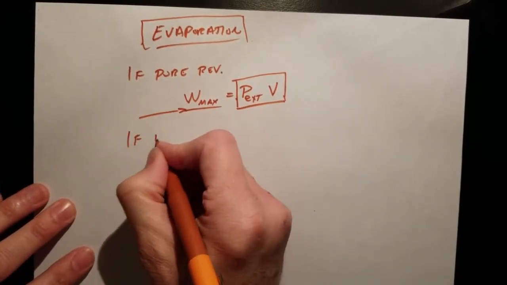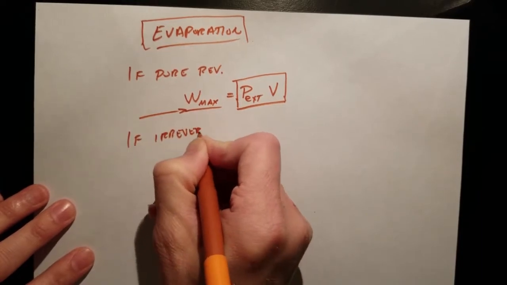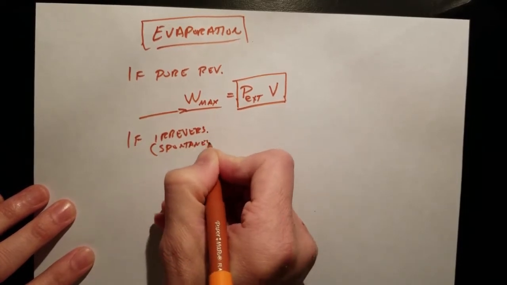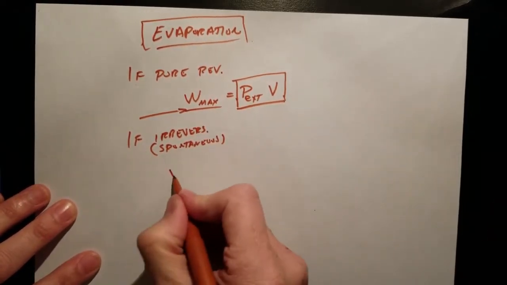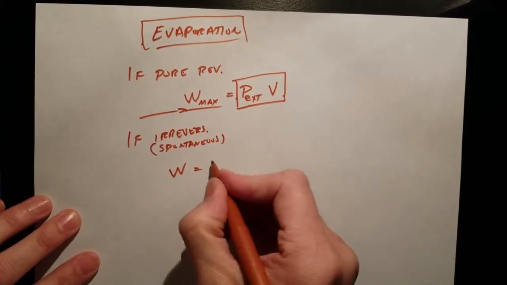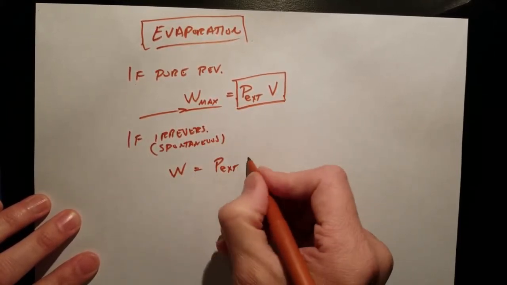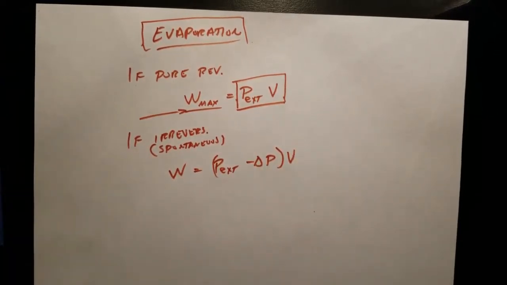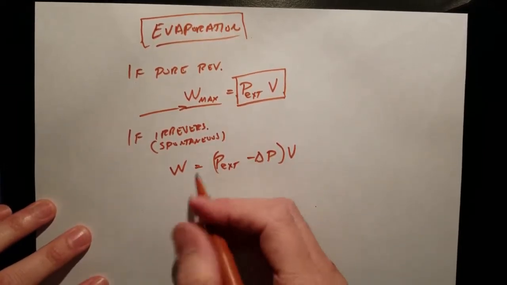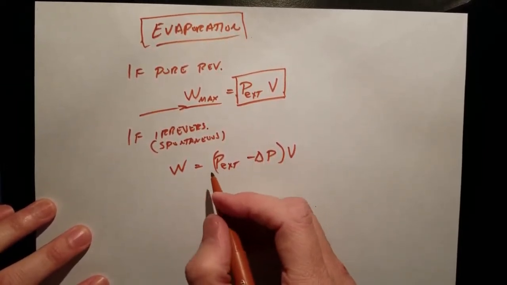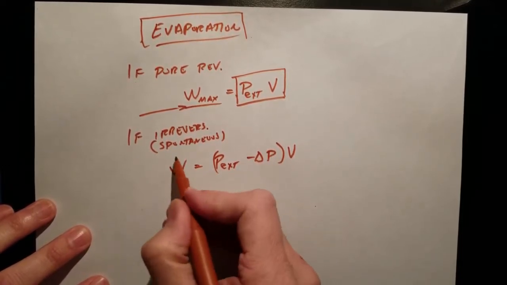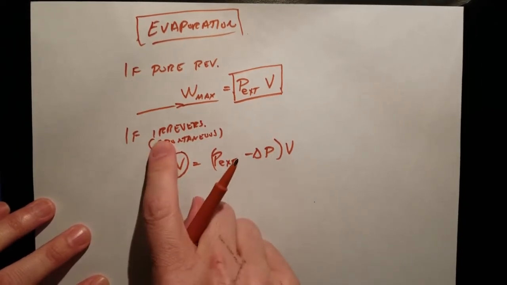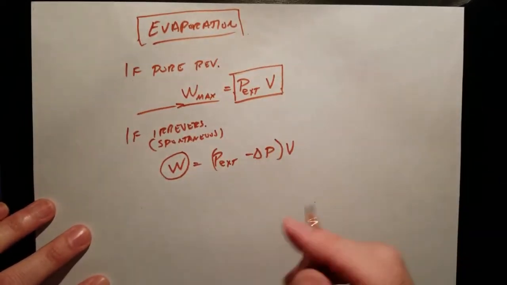If irreversible, spontaneous, then the work is equal to (P_EXT minus delta P) V. So here we're saying that our use of W is the work for an irreversible evaporation process.